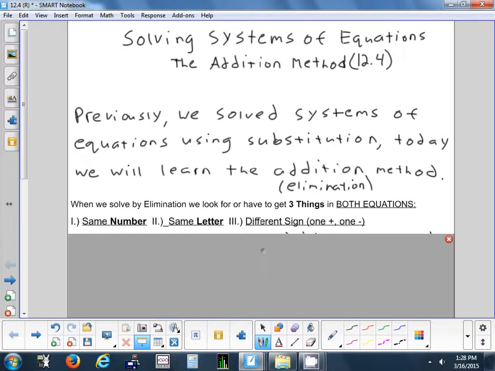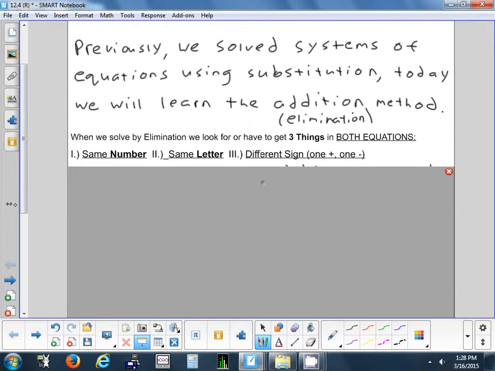When you solve by elimination, on your sheet, in the little box with the dotted outline, it says when we solve by elimination, we have to get three things in both equations. You want three things happening in that equation, or it's set up this way to be able to eliminate. Sometimes, like today, it's just basically going to happen, but as we go further in the week, we're going to have other things happen.